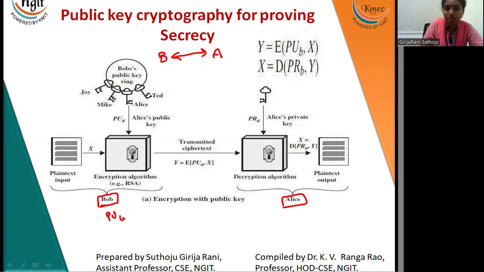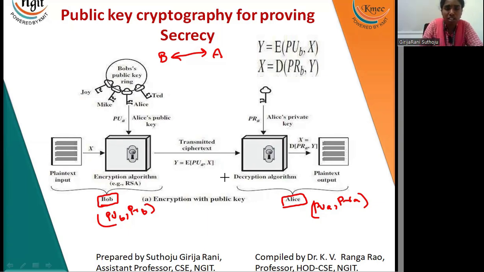Who is giving all these public keys and private keys is a secondary thing, which we'll be discussing in key distribution, like there is KDC, key distribution center. All those will be coming in the upcoming sessions.